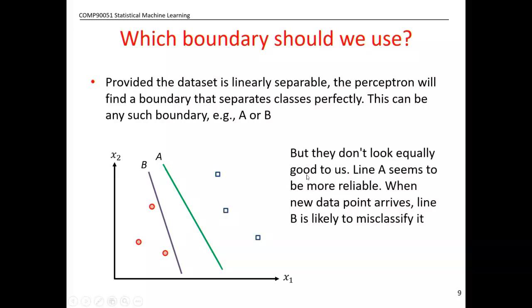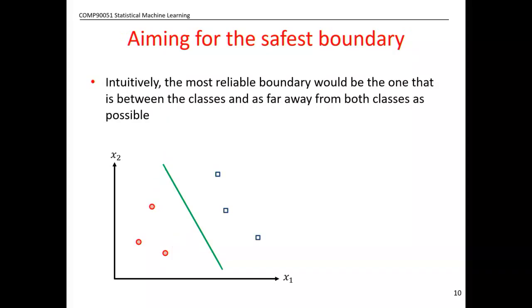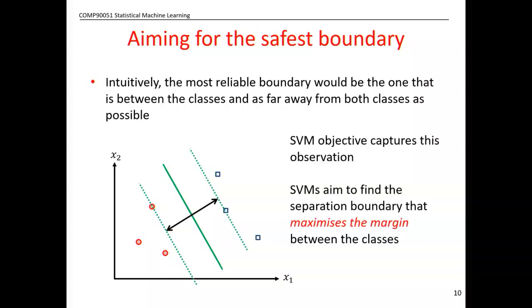But to us, they don't look equally good. For example, if we had a future point, it could easily fall on the wrong side of the boundary B. So the boundary A that everyone, or most of you, picked looks quite good.